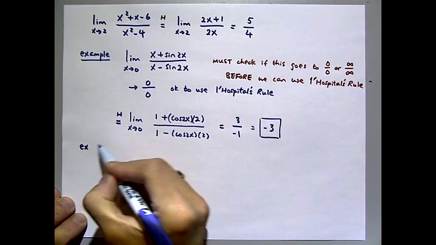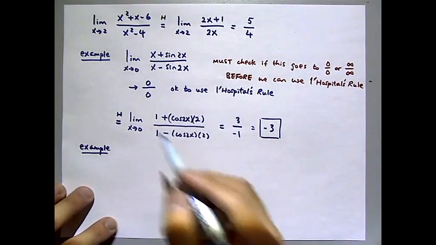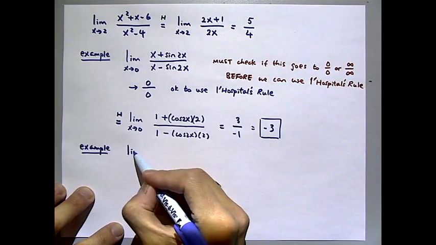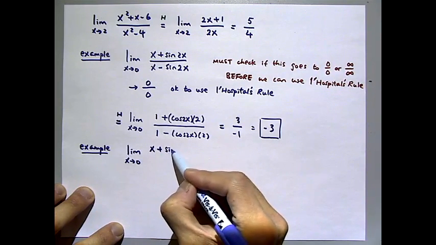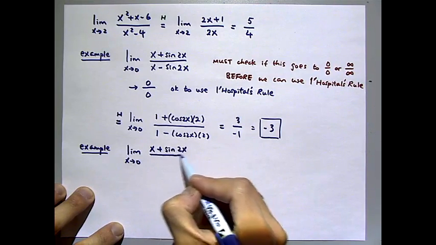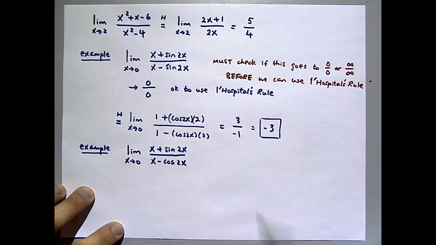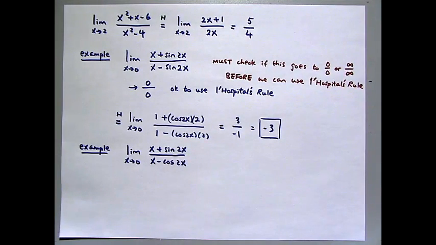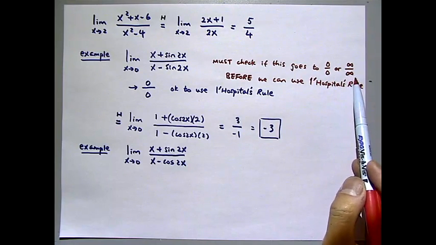More examples. Let's change one of these to a cosine. As usual, always check if you get 0 over 0 or infinity over infinity.